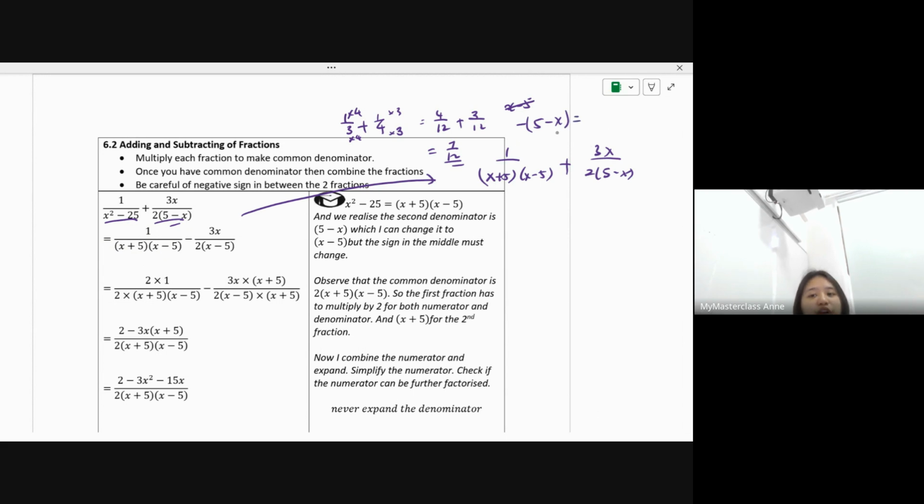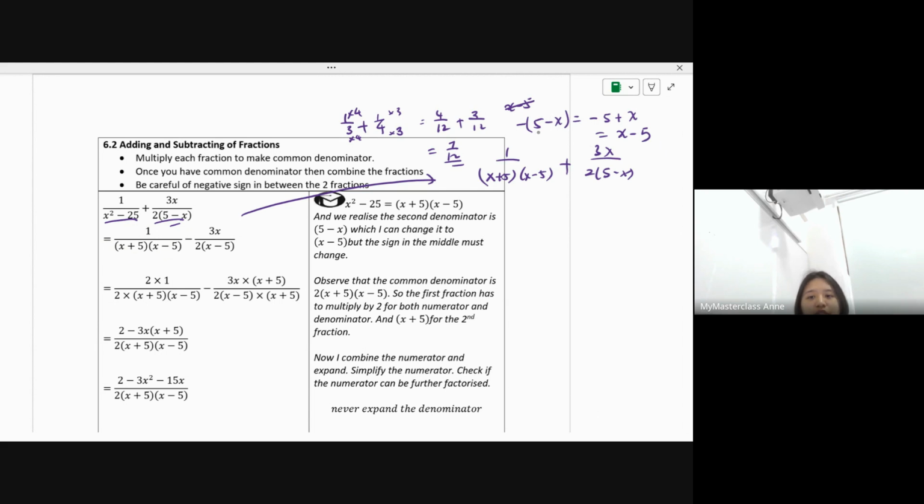Negative bracket 5 minus x gives negative 5 plus x, that's x minus 5.